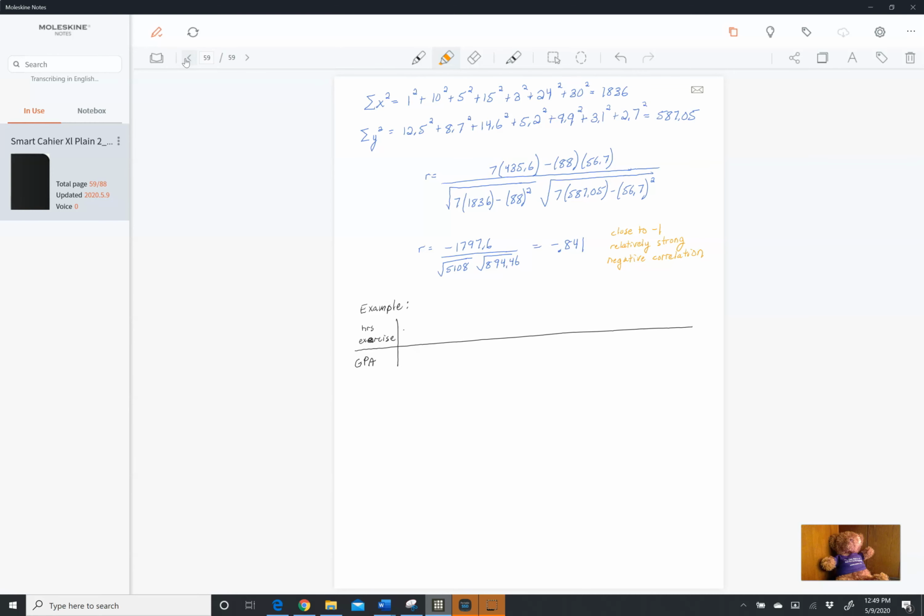So our data was 12, 3.6; 3, 4.0; 0, 3.9; 6, 2.5; 10, 2.4; 2, 2.2; 18, 3.7; 14, 3.0; 15, 1.8; and 5, 3.1.